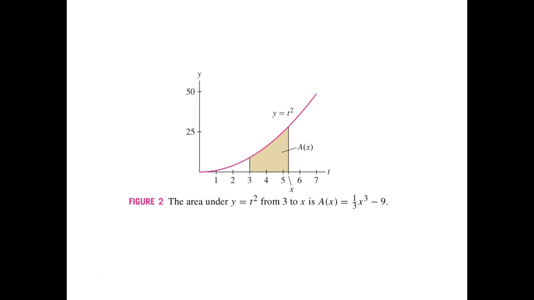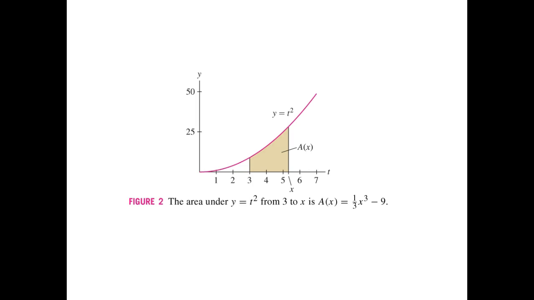T cubed over 3, exactly. Evaluate that from 3 to x. Well, when you evaluate the x part, that would give you 1/3 x cubed. That's that part. Minus, and when you put the 3 in there, that would be 1/3 of 3 cubed. 3 cubed is 27, a third of 27 is 9, so minus 9. So that's the area under here, a to x.